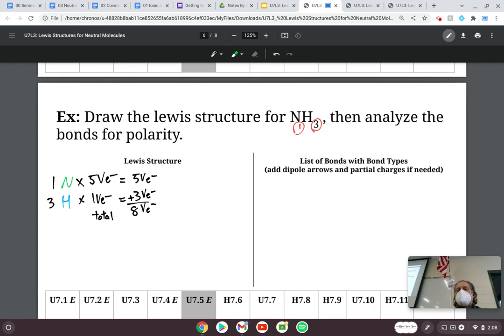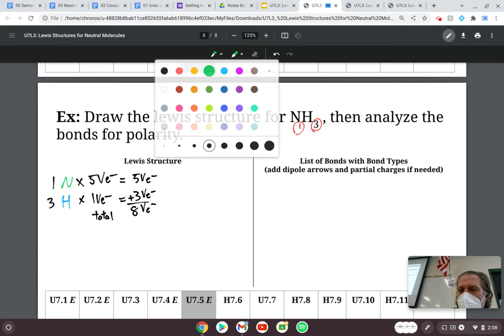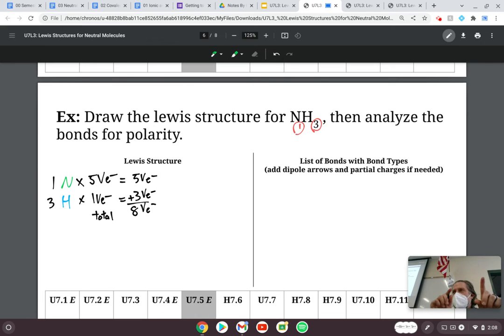Okay, now I have only 8 electrons to play with to make sure that all 4 of these elements are happy. So I'm going to start with trying to figure out what my central atom is. My central atom is usually the first atom in the chemical formula, or it's the atom that's only one of them. And in this case, nitrogen happens to be both of those things. So I'm going to draw nitrogen here.